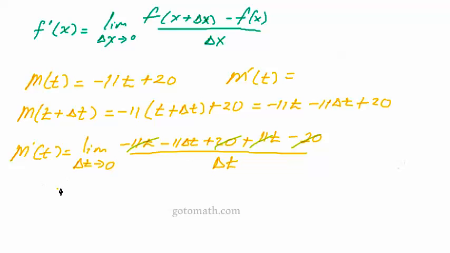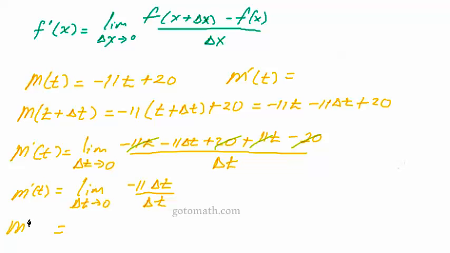Okay, so we're left with, and I'll rewrite this, m prime of t is equal to the limit as delta t approaches 0. So we're left with negative 11 delta t. Everything else canceled out, and it's all over delta t. So what are we left with?